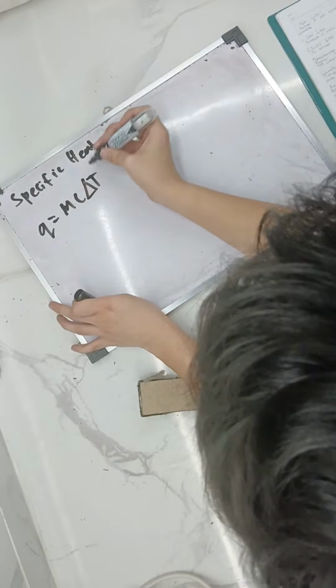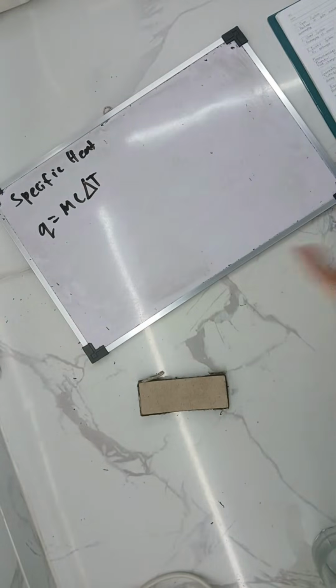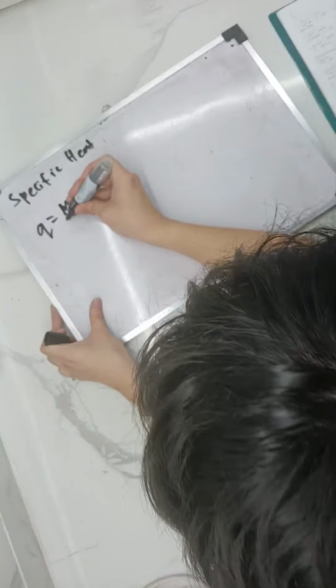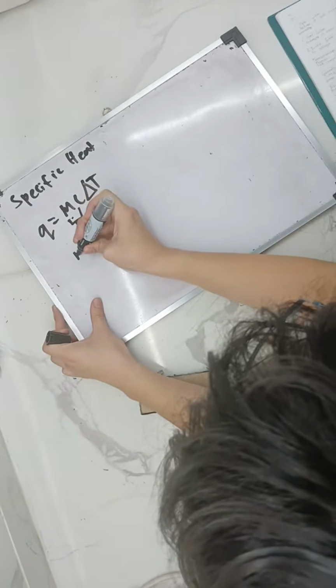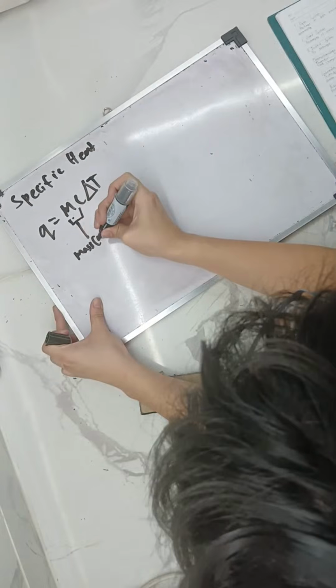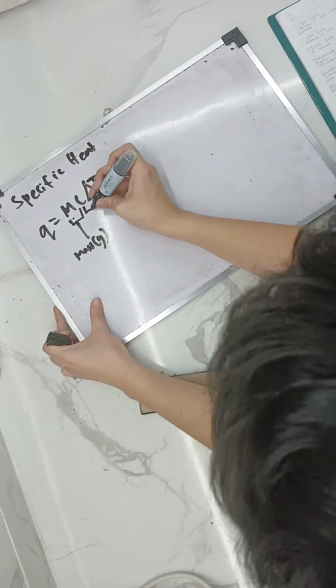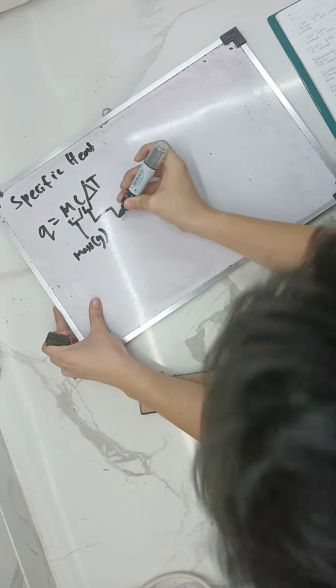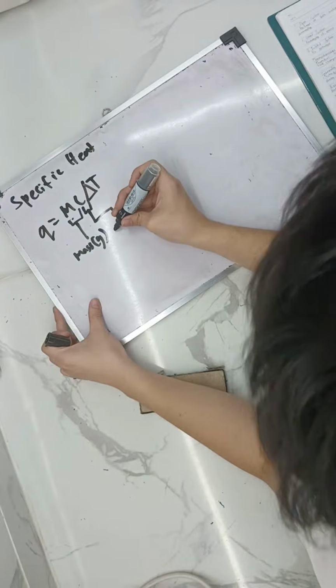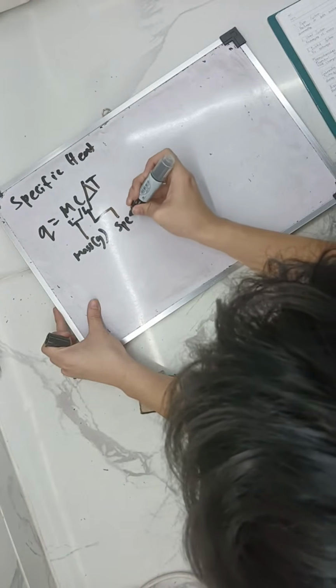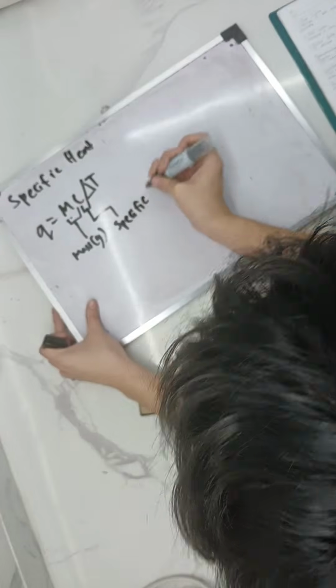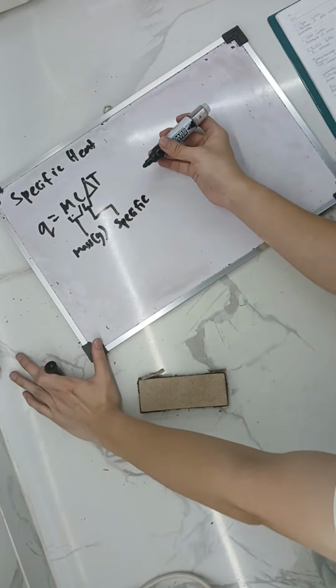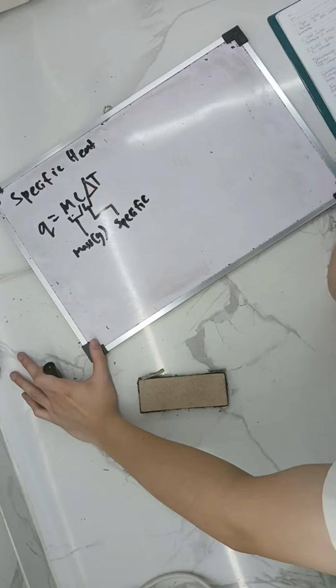So this is the mass of the object in grams. This is the specific heat. Usually this is also given. The unit is actually pretty interesting.